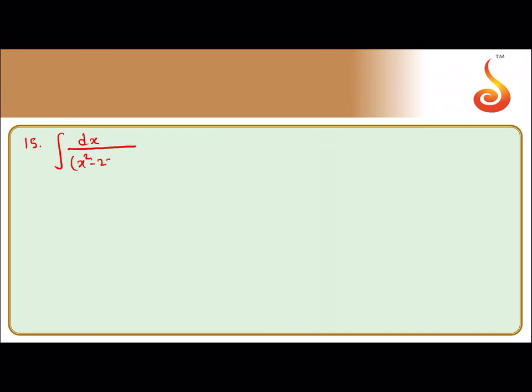Example 15. Integral dx by x square minus 2x plus 10 whole square. If you observe this one, this is dx by (x minus 1 whole square plus 9) whole square.